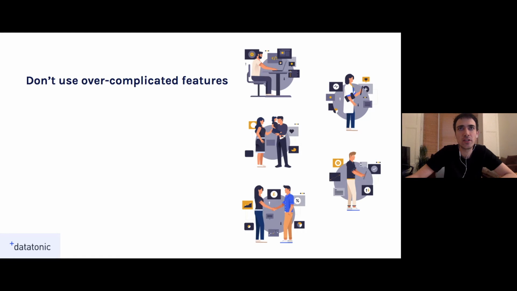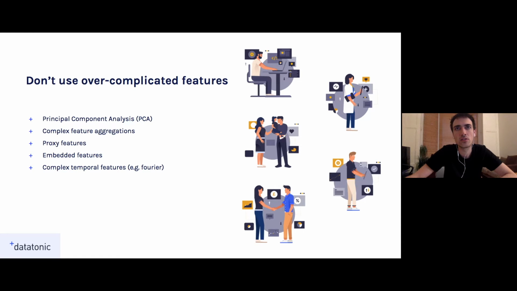I've listed here some feature engineering methods that lead to uninterpretable features. Some here are ones which may not come as a surprise to you, others may be less obvious. So, methods such as principal component analysis and embedded features are quite clearly not inherently interpretable features. Others may be less obvious. Proxy features, for example, what do we mean by these?